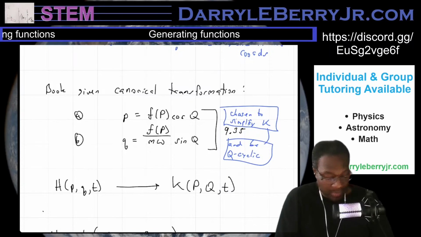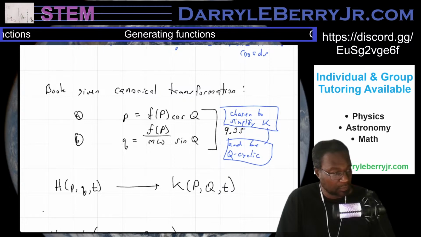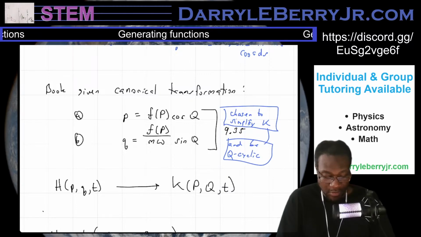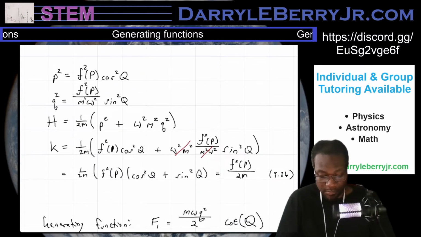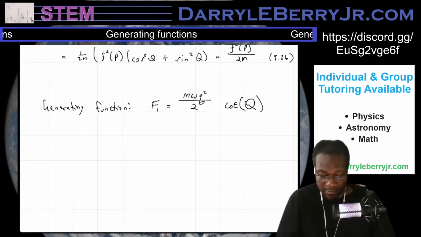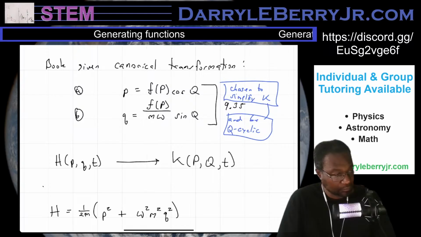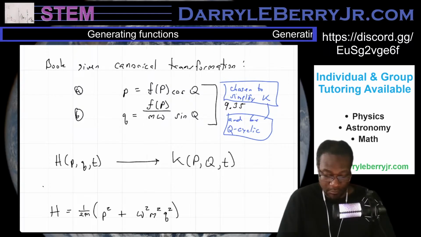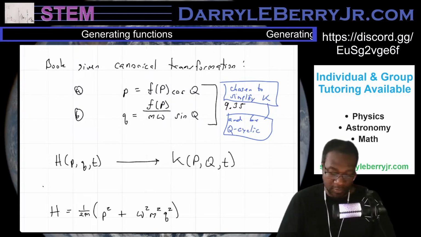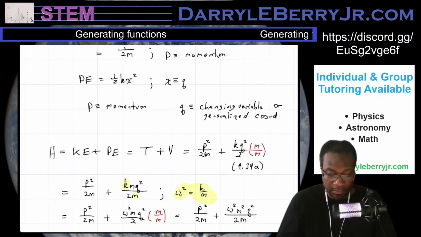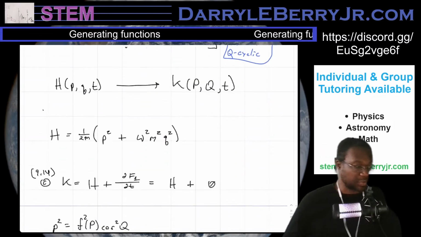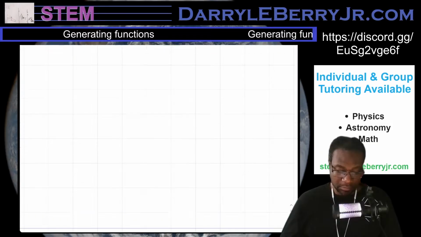So if I integrate with respect to q, I should get the canonical generating function. All right, let's just keep on going until we get there.